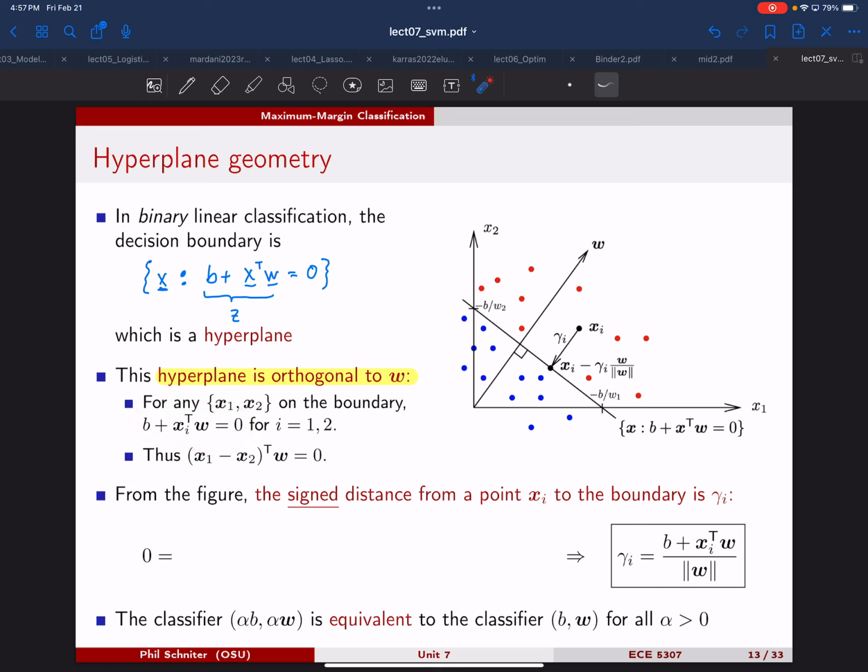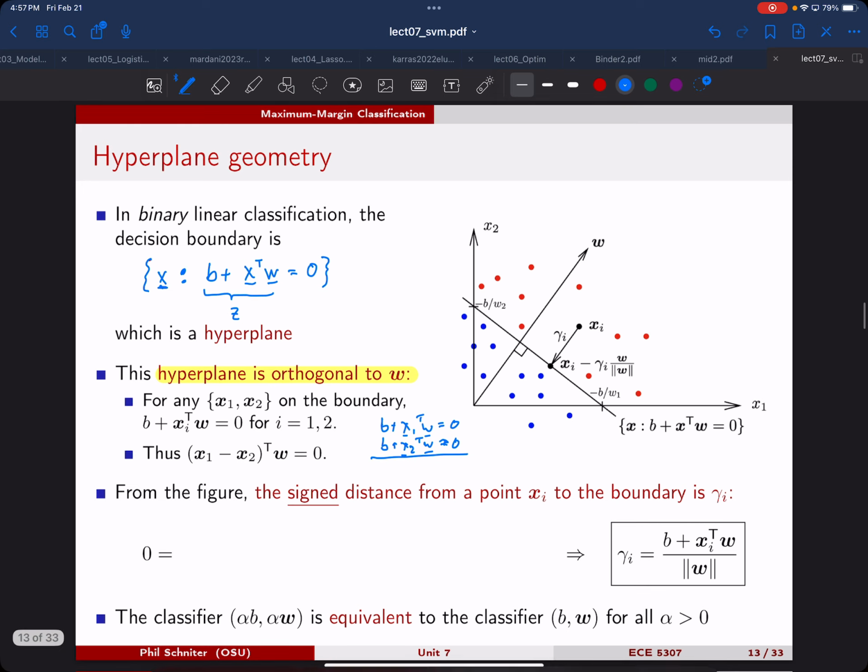So imagine I have 2 equations: b plus x1 transpose w equals 0, and b plus x2 transpose w equals 0. I can subtract those equations from each other, and we get x1 minus x2 transpose w equals 0.